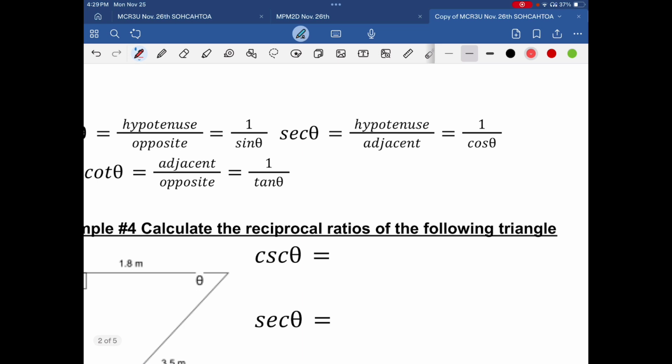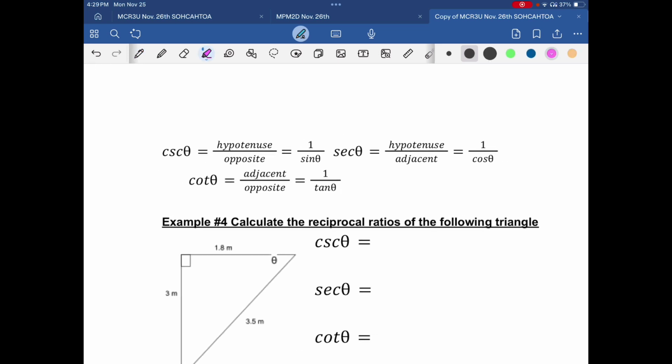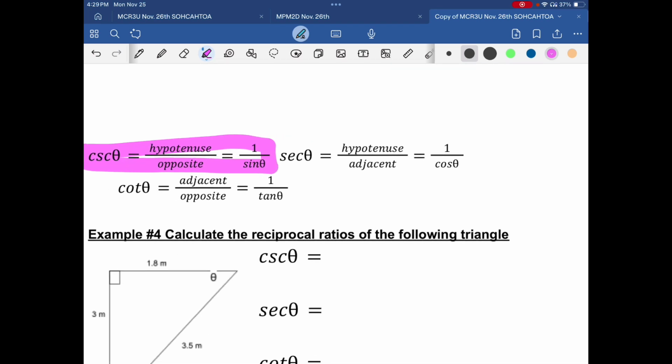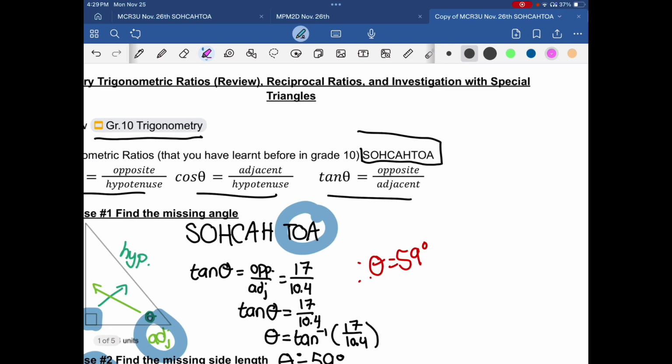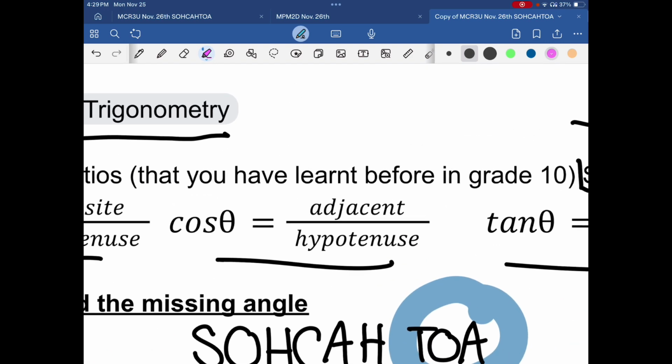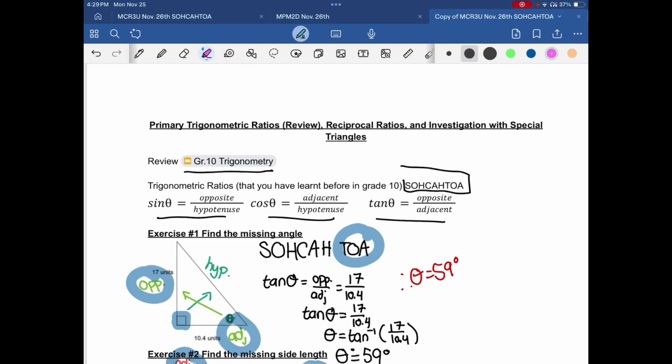Then secant is simply the reciprocal of cosine, because secant is hypotenuse over adjacent, which is basically the flip of cosine, and cosine is adjacent over hypotenuse.